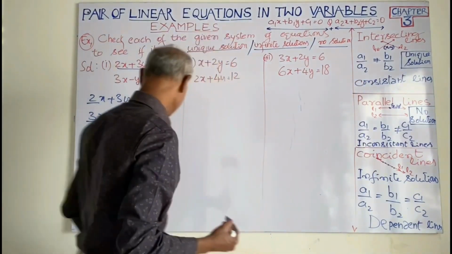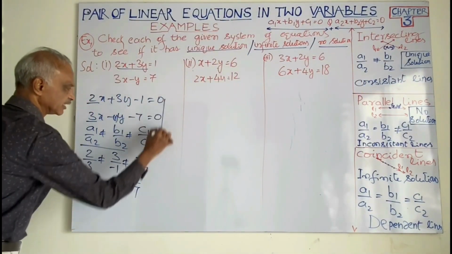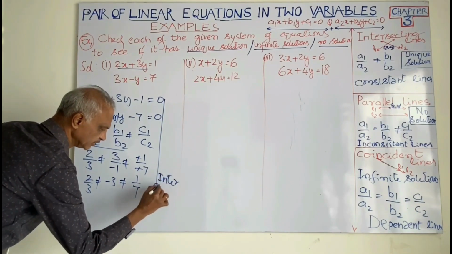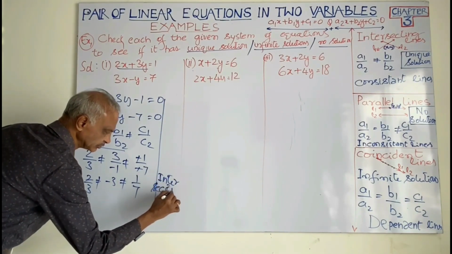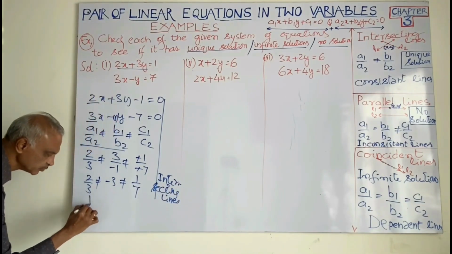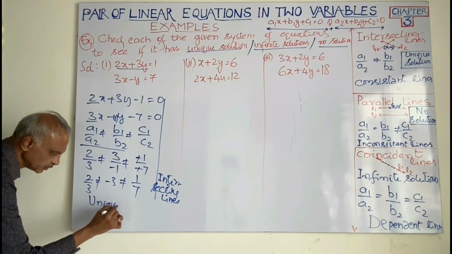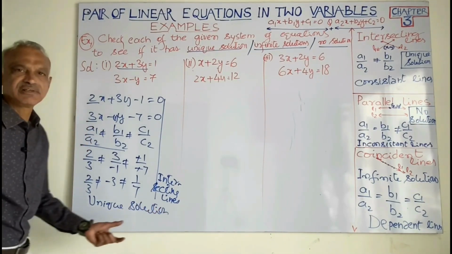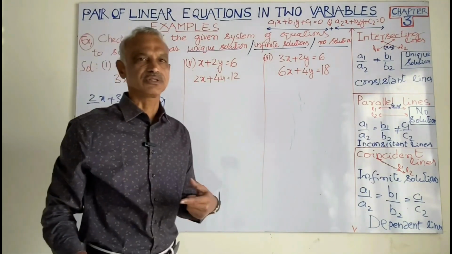They are intersecting lines. They have a unique solution. They will have only one unique solution, meaning one solution.